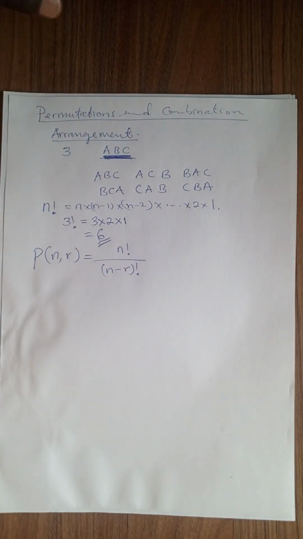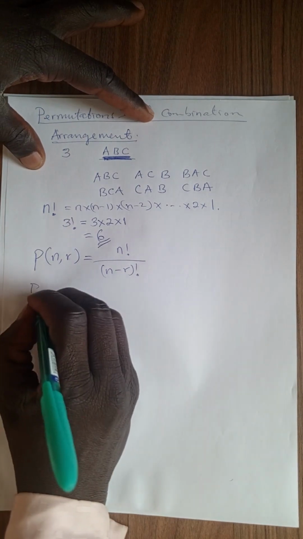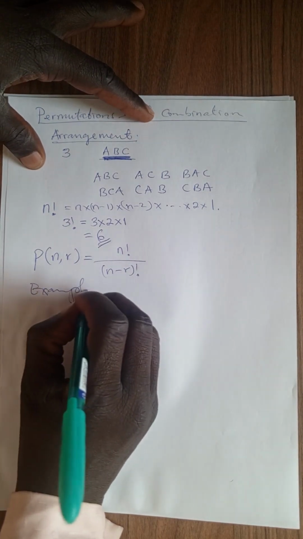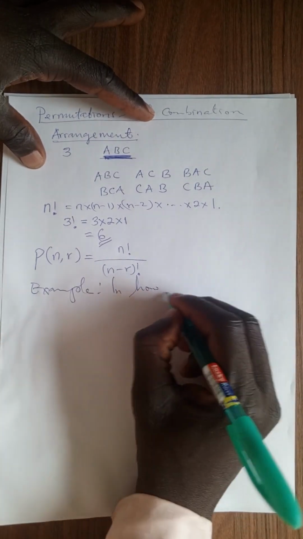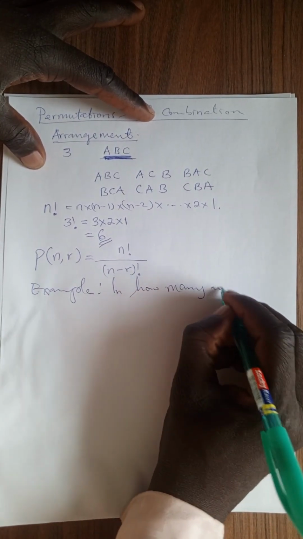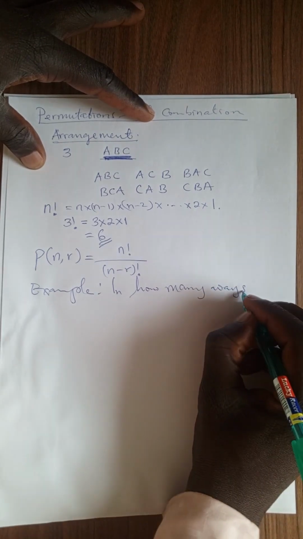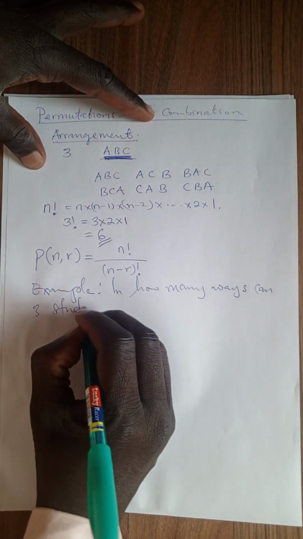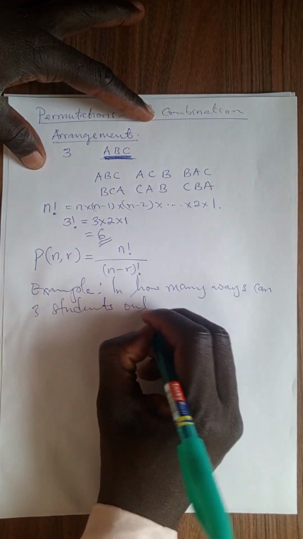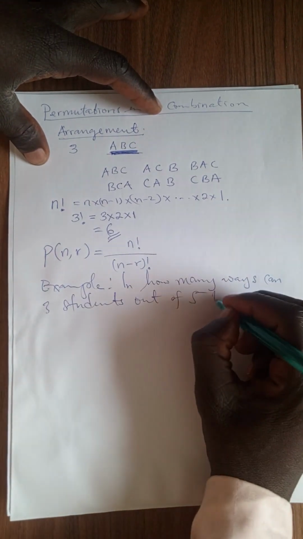Let's have an example. This example is saying: in how many ways can 3 students out of 5 be arranged in a line?